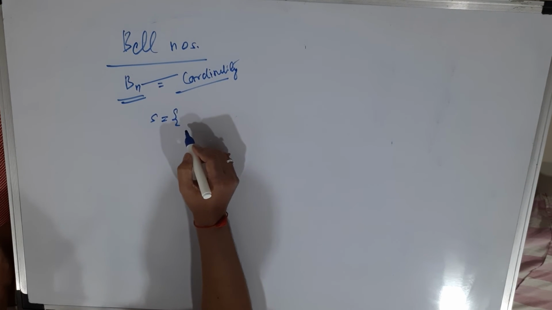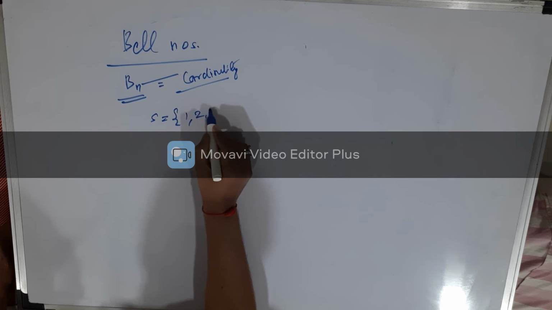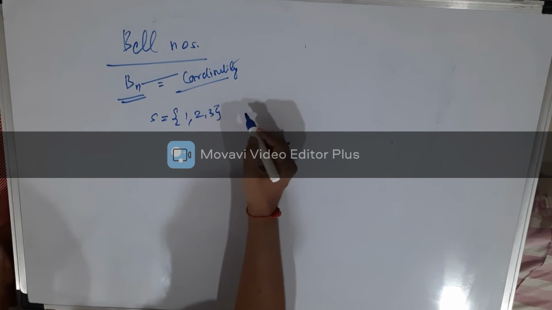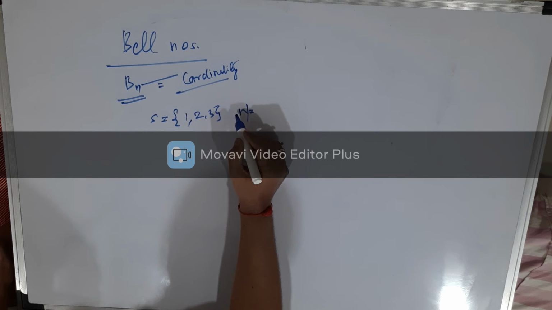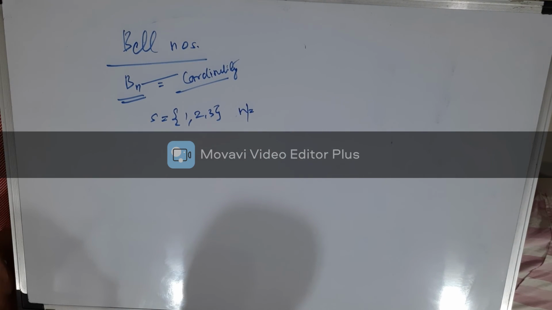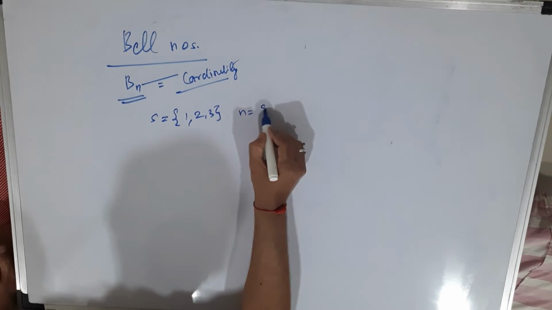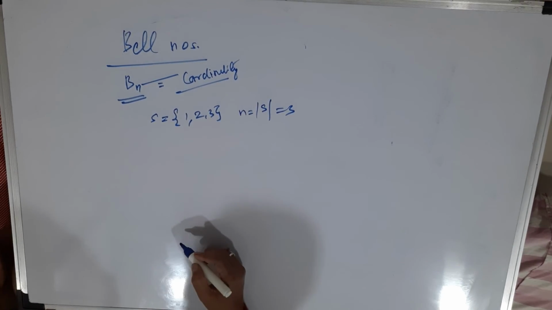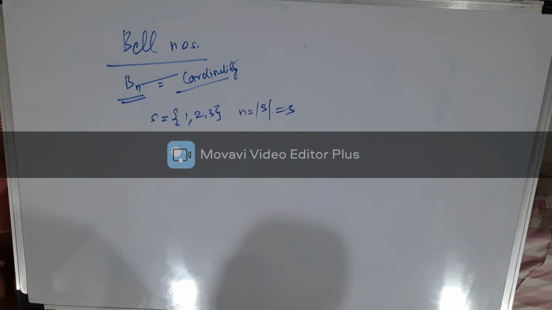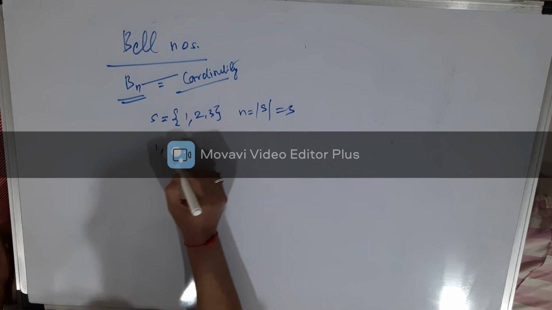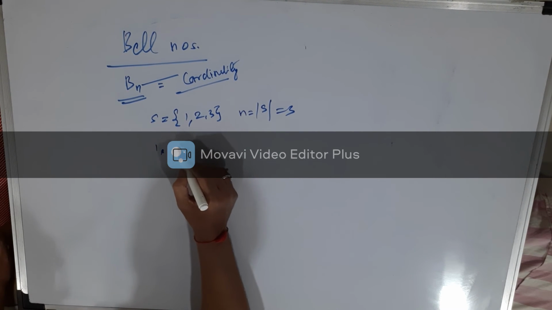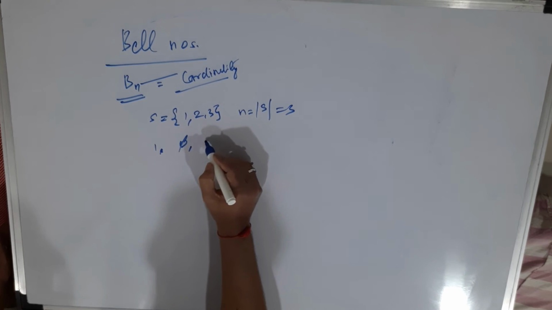For example, if S is equal to {1, 2, 3}, the number of elements in S is 3. The alternate partitions are: the first partition is {1, 2, 3}.